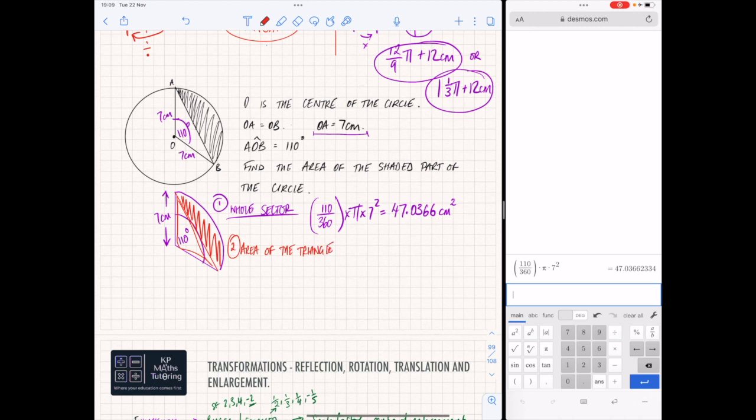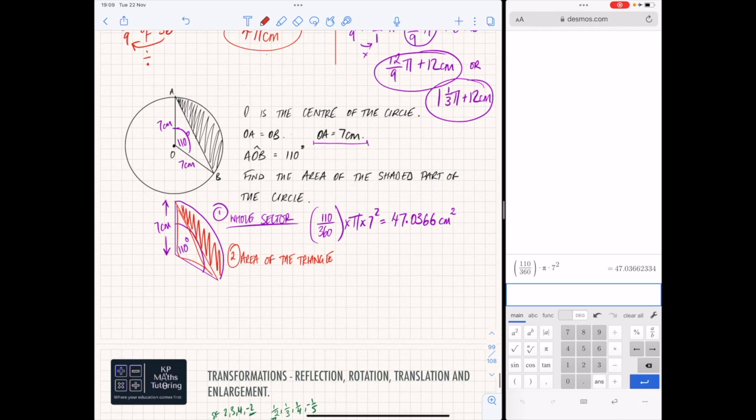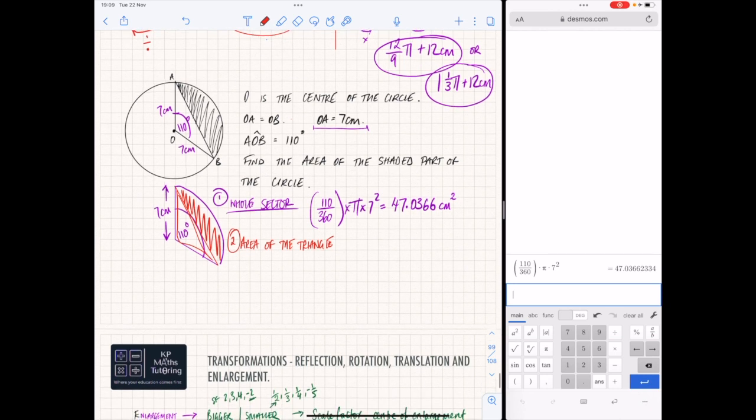You could split it down the middle here and use trigonometry to find the height, or if you're quite good with your trigonometry, you could use half AB sin C. If you're not 100% sure on that, I'll put a link to that formula and how to use it. That is basically the area of a non-right angle triangle. So if you've got a non-right angle triangle, you can use half AB sin C.